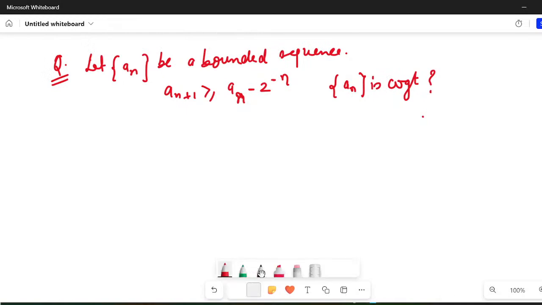Okay, so how to go about it? Whenever it comes to dealing with sequences and proving it monotone, one needs to see how your xn plus 1 minus xn is behaving. Usually you would be supplied with some expression for xn, and you just replace n by n plus 1 and then take a subtraction.